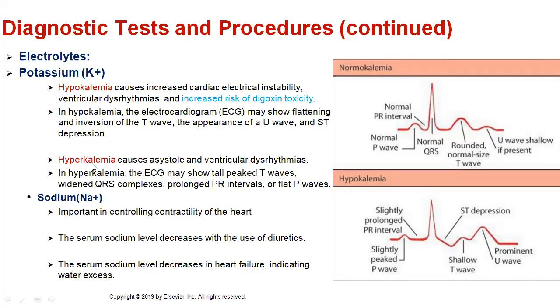In case of hyperkalemia, if the patient has renal failure or potassium-sparing diuretics, or high potassium intake, or excessive use of salt substitutes like potassium, or potassium shift as in the burn patient, usually the patient develops hyperkalemia, right?